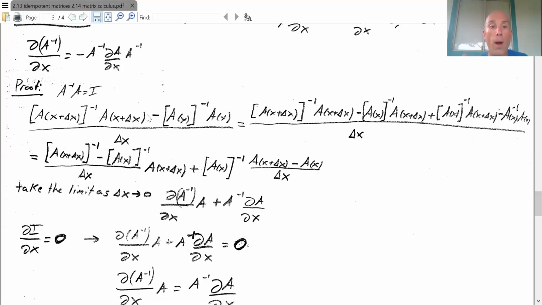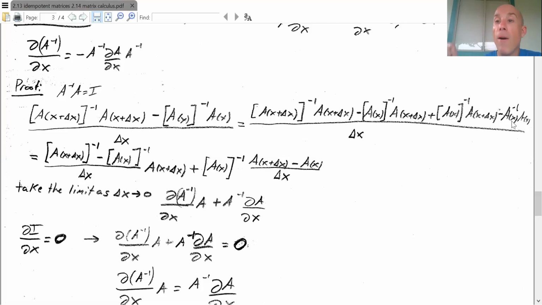All right, so now I look at these two terms. I notice I have A of x plus delta x, A of x plus delta x. I'm going to factor A of x plus delta x out. I look here, I see that I have A of x inverse, I have A of x inverse.